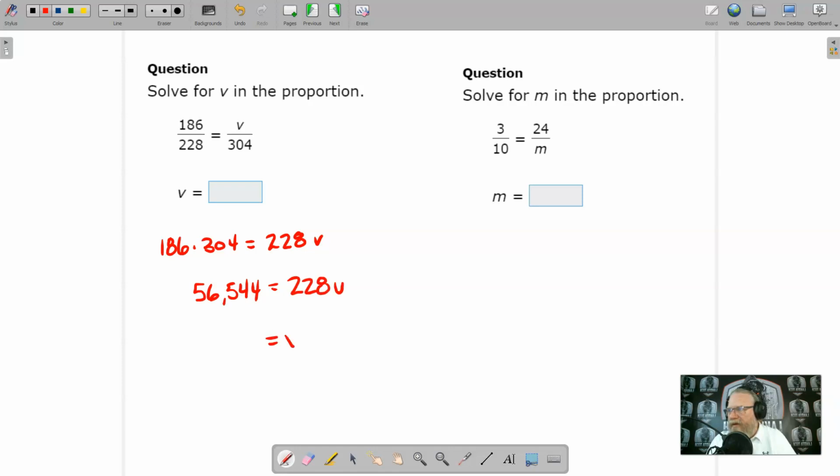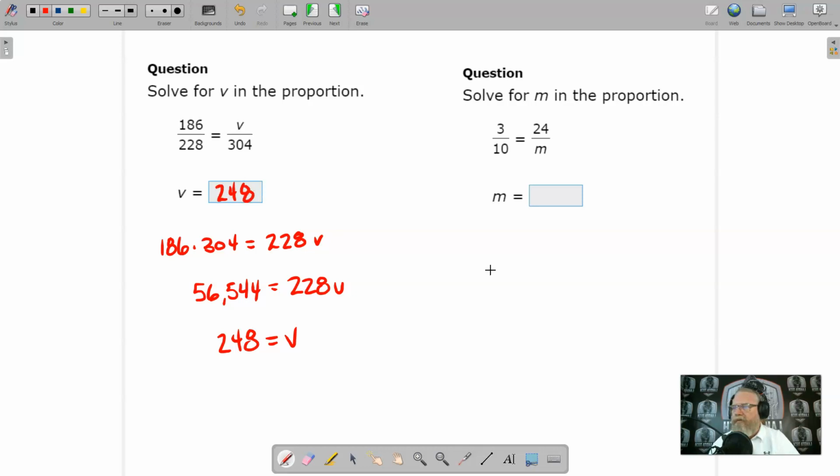Now let's divide both sides by 228. I've already got 56,544 in my calculator, so I'm going to divide that by 228, and that gives me an answer of 248. All right, so 248 is my correct answer.